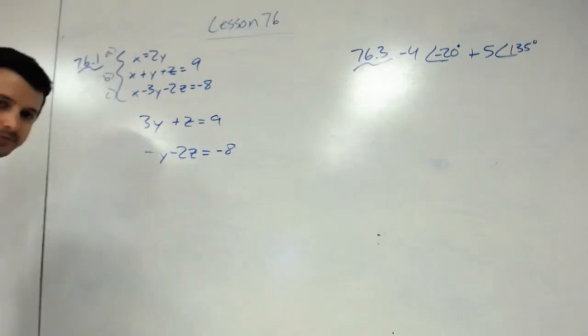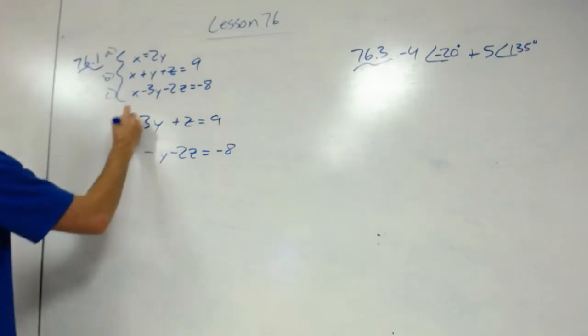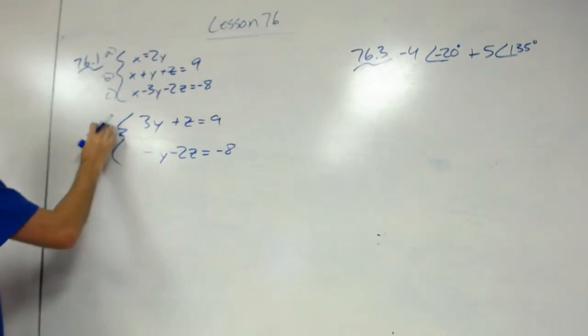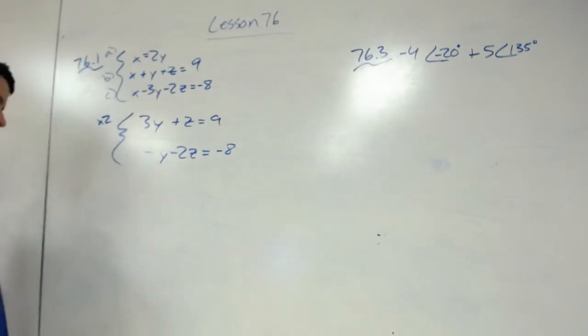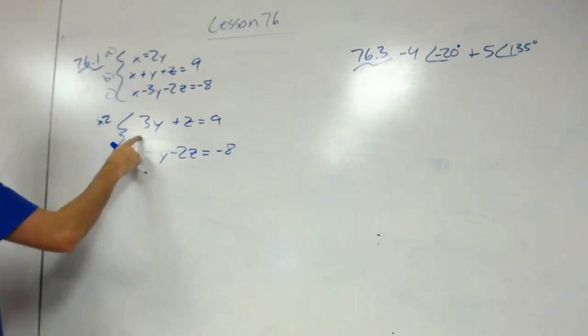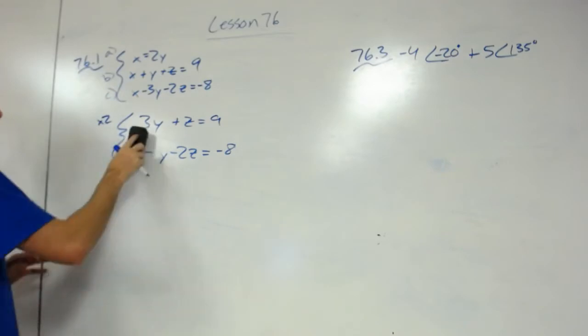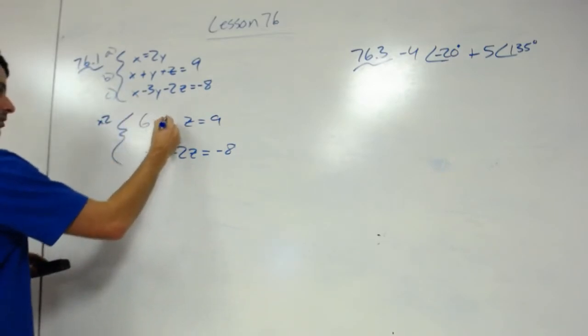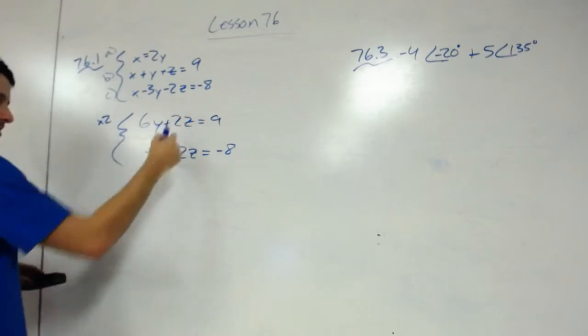I'm going to do elimination. I'm going to multiply all the top by 2, making this 6y, 2z, giving me opposites here, and then 18.